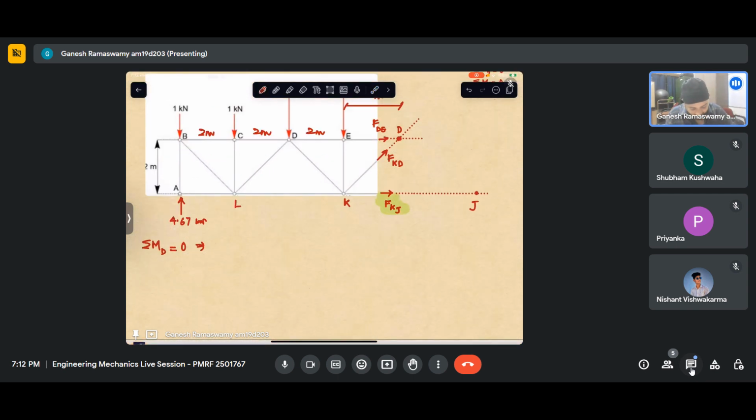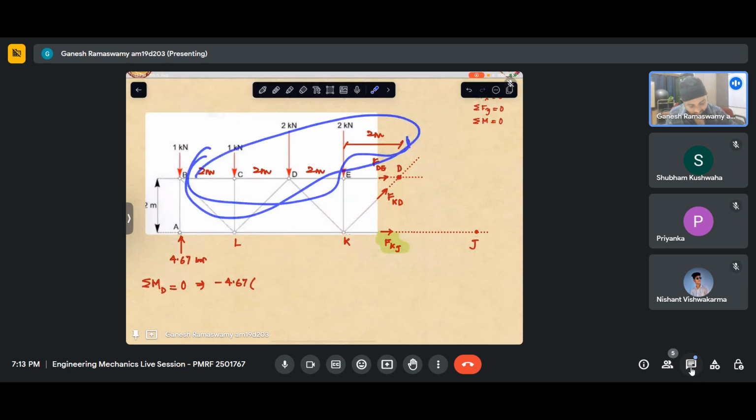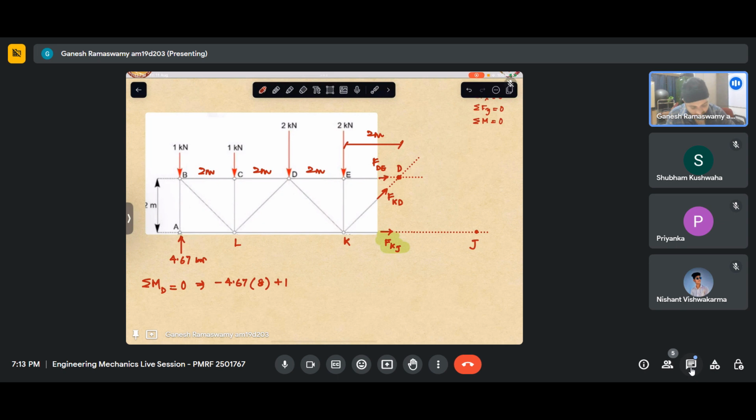So let us sum this up. So I have minus 4.67 into sum total of this, which is 8 meters, plus 1, this force, into this distance, which is again 8 meters, plus 1 into 6 plus 2 into 4 plus 2 into 2.